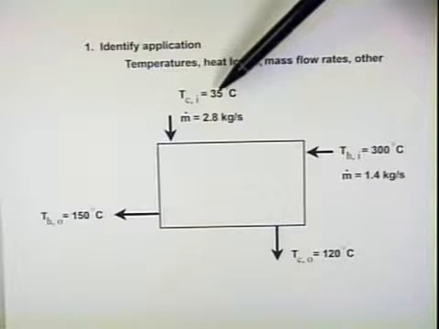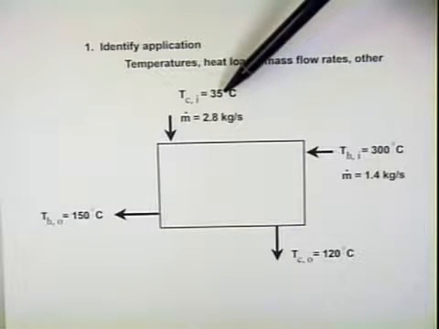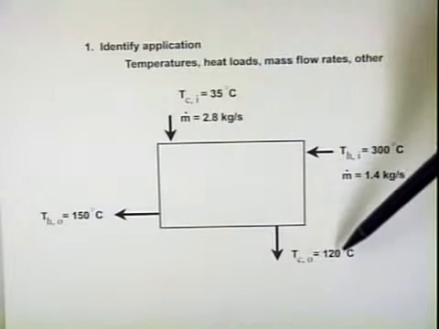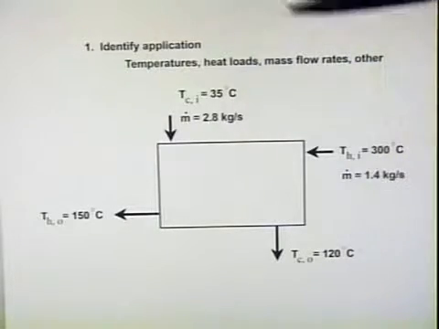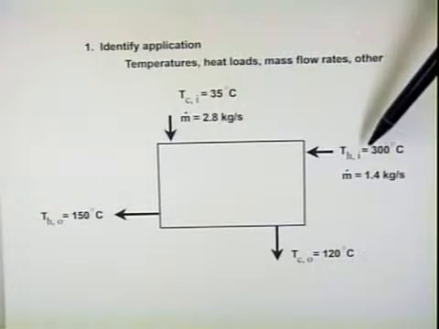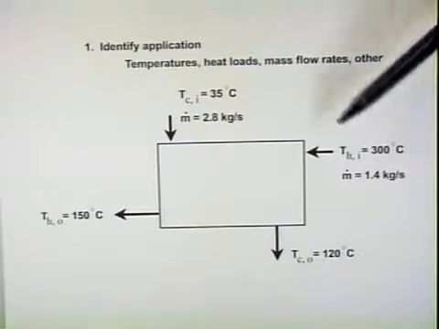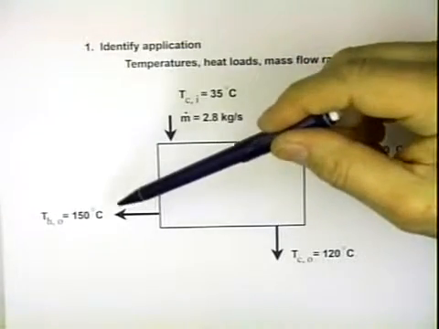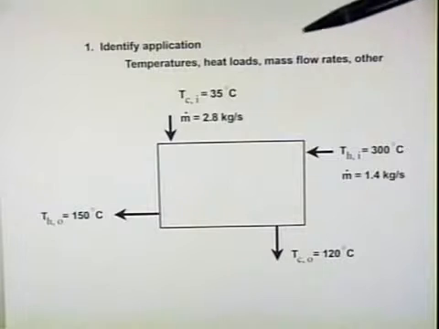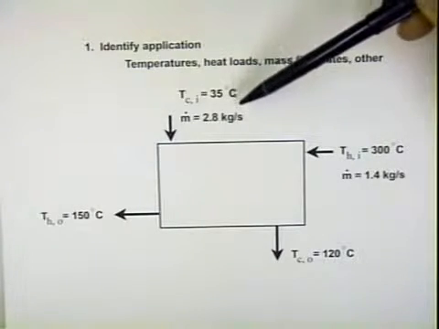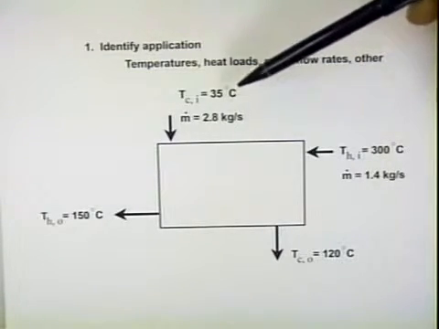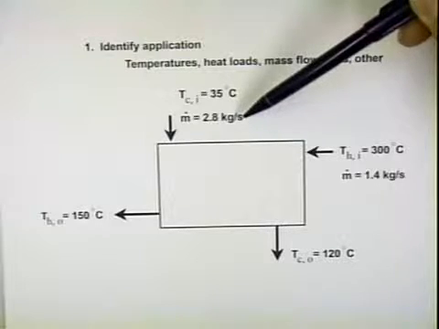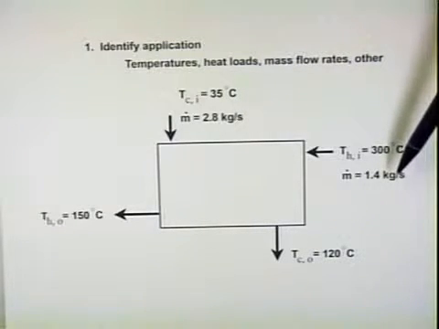The inlet temperature of the cold flow is 35 degrees. The outlet temperature is 120 degrees Celsius. The inlet temperature of the hot flow is 300 degrees Celsius. And the outlet temperature of the hot flow needs to be 150 degrees Celsius. The mass flow rate of the cold water is 2.8 kilograms per second, and the mass flow rate of the hot water is 1.4 kilograms per second.